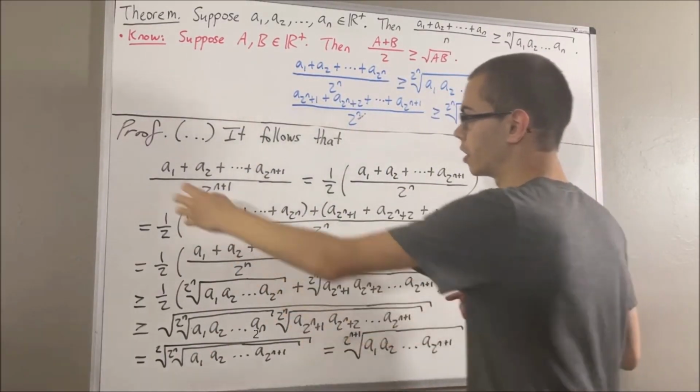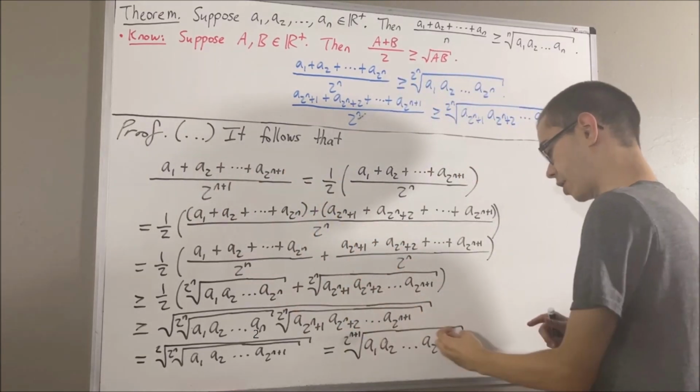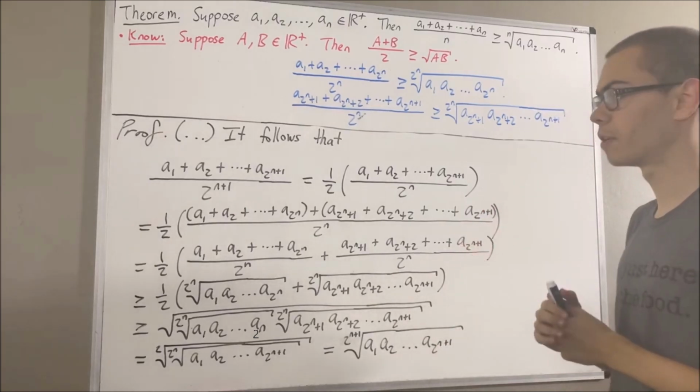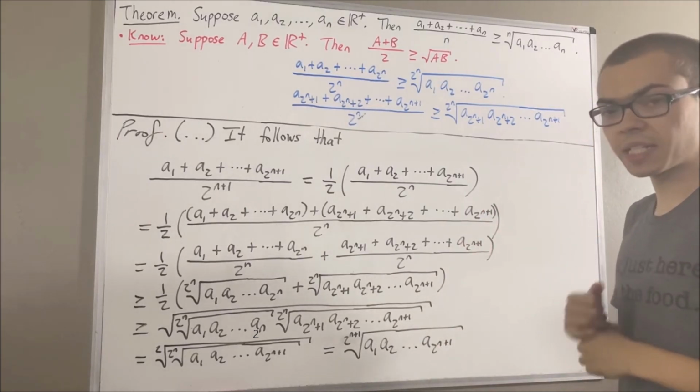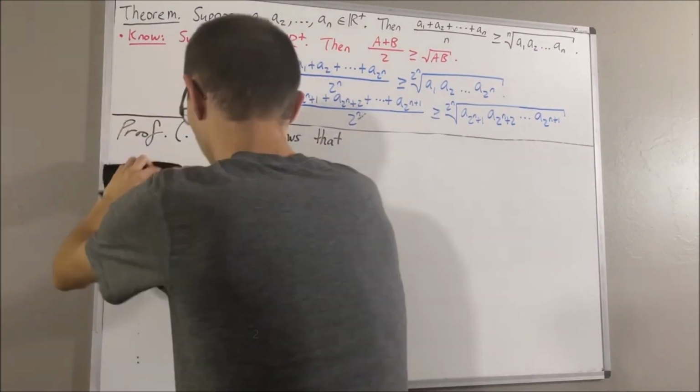And so we have shown that the arithmetic mean of our list is greater than or equal to the geometric mean of our list. So this completes the induction step. Because we've completed both the base case and the induction step, this closes the induction.